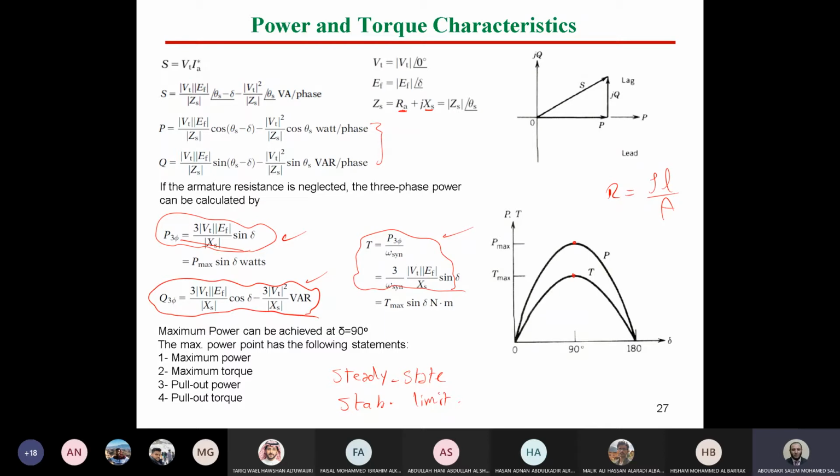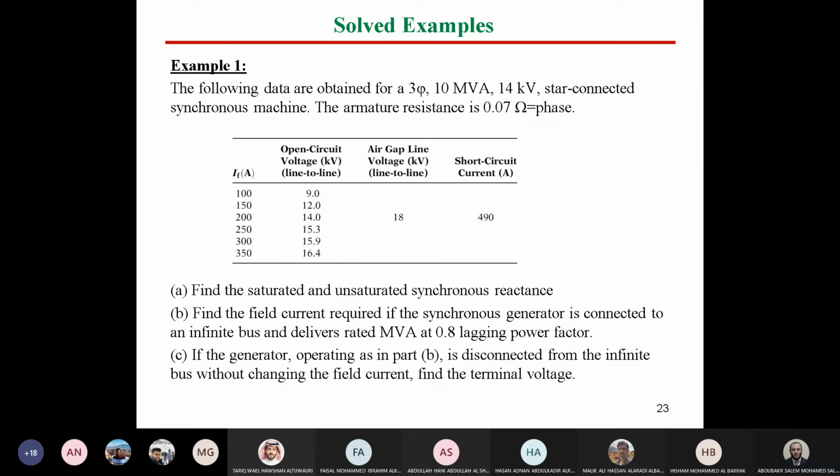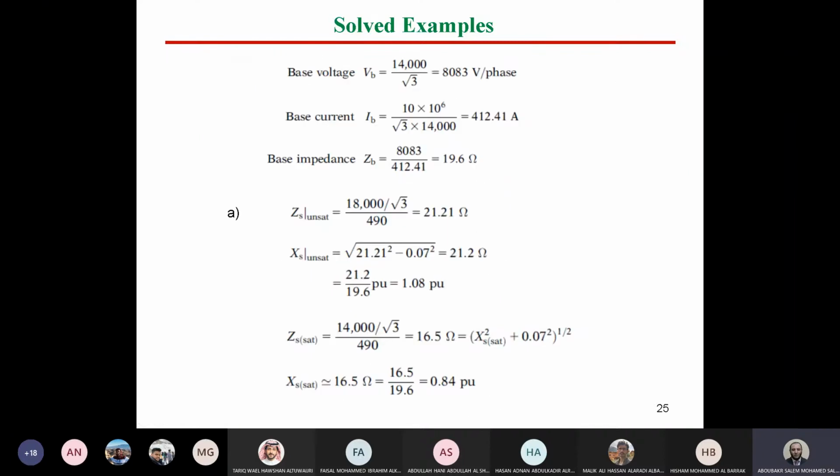Yani, if we have a look at the problem of the last class, which we skipped here, it was given the armature resistance is 0.07 ohms. When we obtain the armature reactance, the value was 19.6.